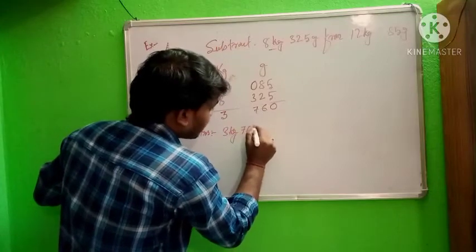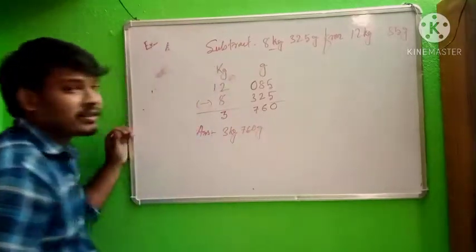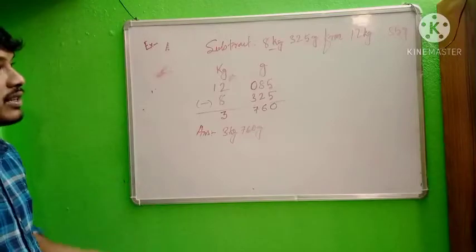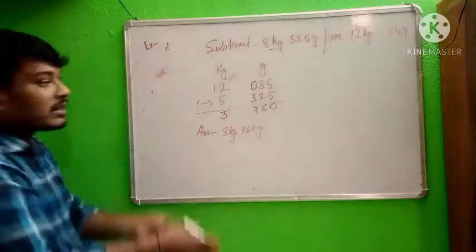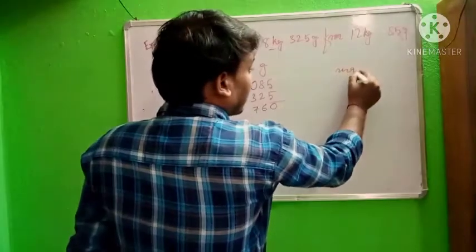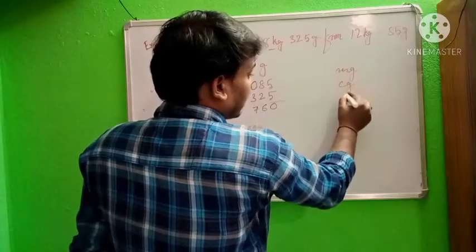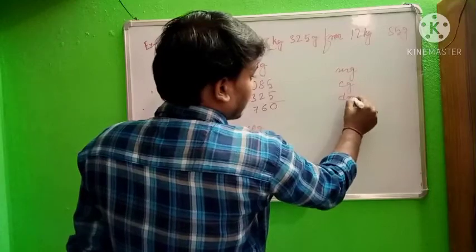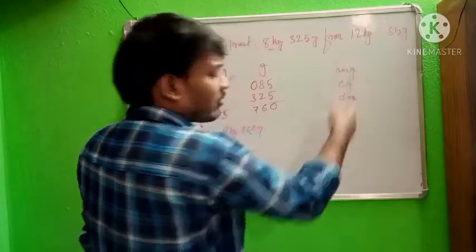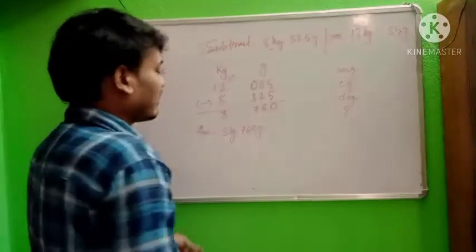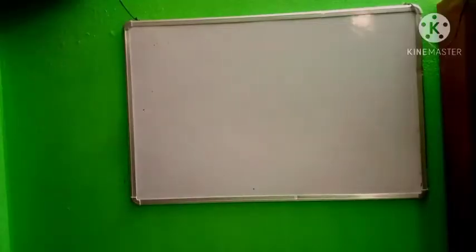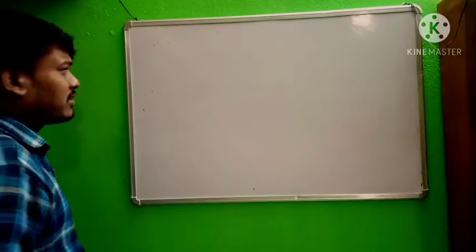760. In class 4 standard, you know more about the conversion, how to convert, and the table: milligram, centigram, decigram, gram. I already discussed in a previous video how to convert. Okay, and it is also very easy, similar to normal multiplication.